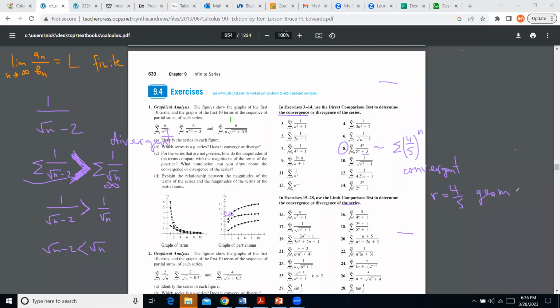Okay. Therefore, by the limit of the quotient of the terms being finite, 4/5 and 4/5, it'll be just 1. We have the original series convergent.